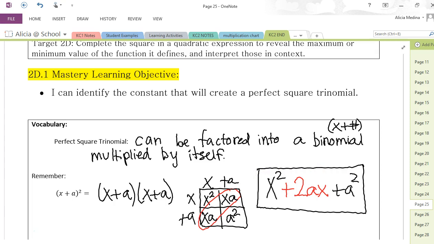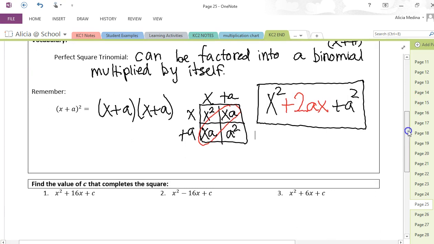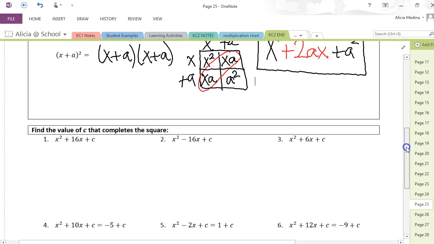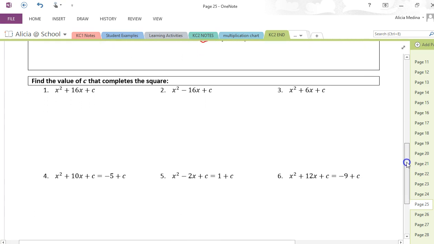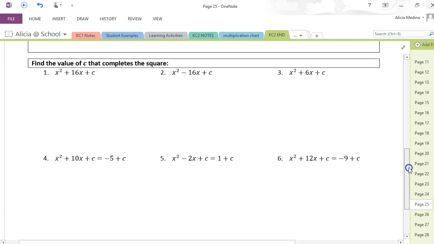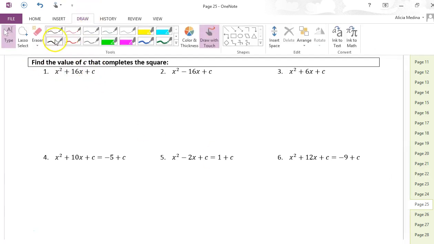But again, the whole idea of this activity is so that we can find what sides of our square would be the same, okay? Sometimes we get examples like number 1, where I tell you part of my trinomial: x squared plus 16x plus some c. We want to figure out what that c value is.